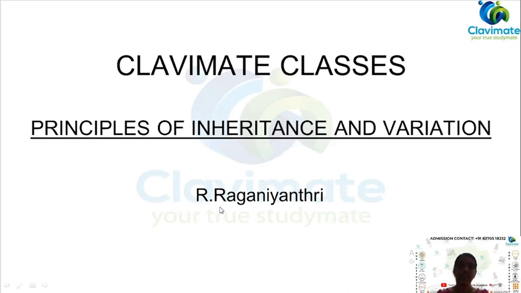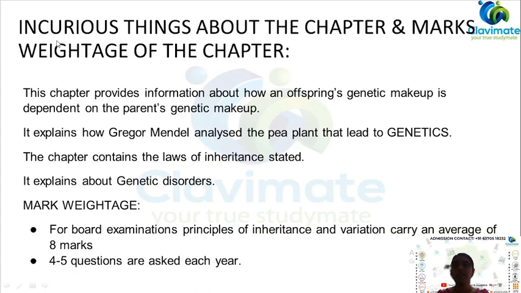Today we'll discuss questions and answers on the topic Principles of Inheritance and Variation. So coming to the important things about this chapter, the chapter provides information about offspring, how an offspring's genetic makeup is dependent on the parents' genetic makeup.